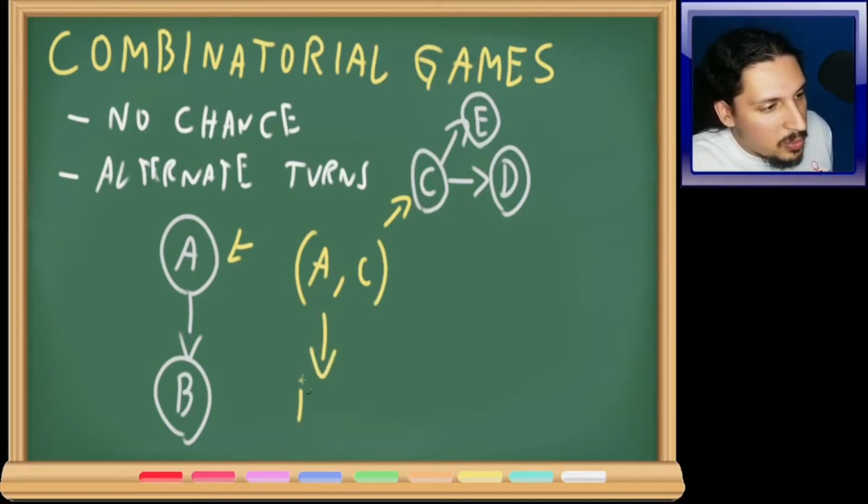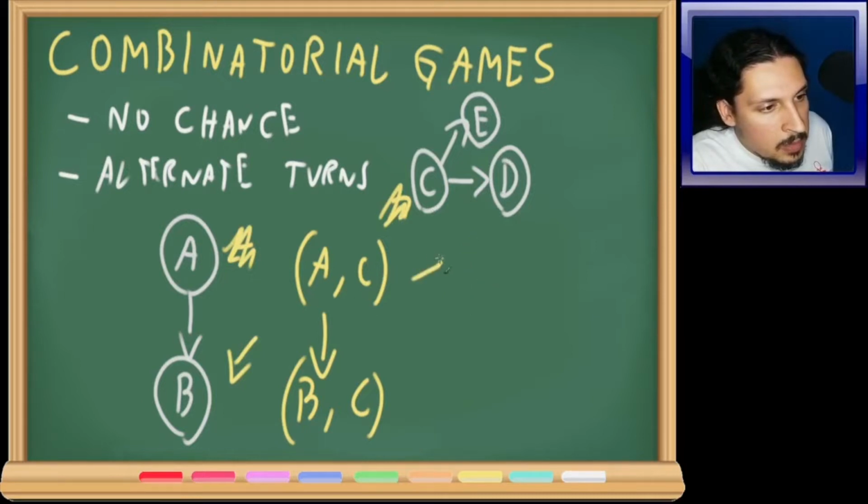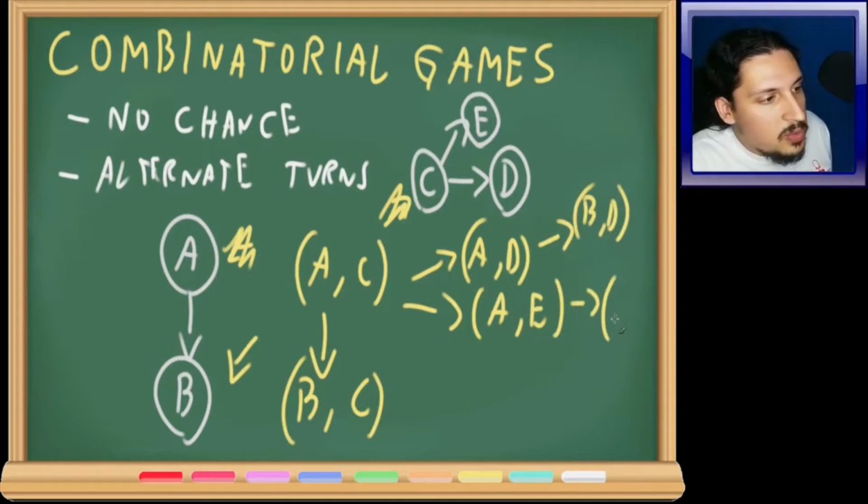So from here you could move to B, C, because we moved this arrow and not the other. If we instead choose to move to D, for example, we would transition to AD. And we could also transition to AE. From this one, we could change only to BD, and there are no more moves. And from this one, we could change to BE, and there are no more moves.